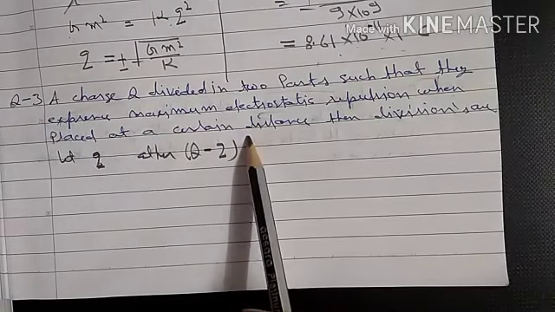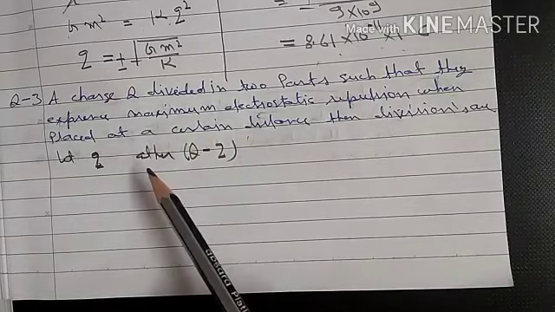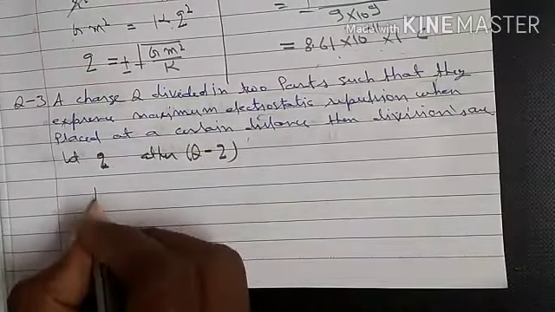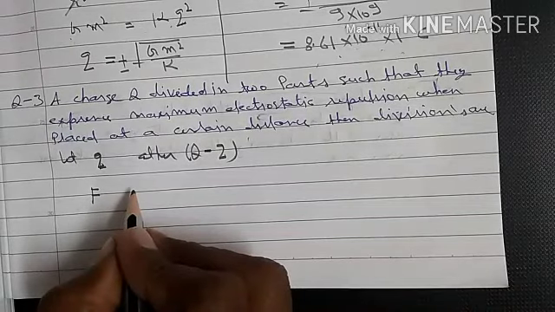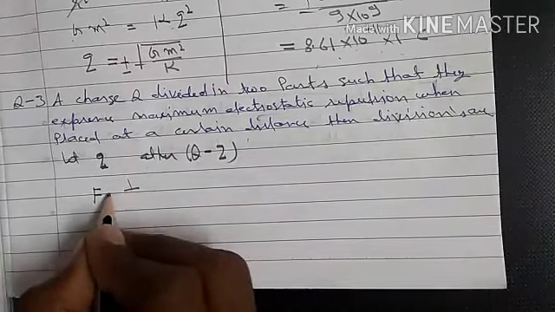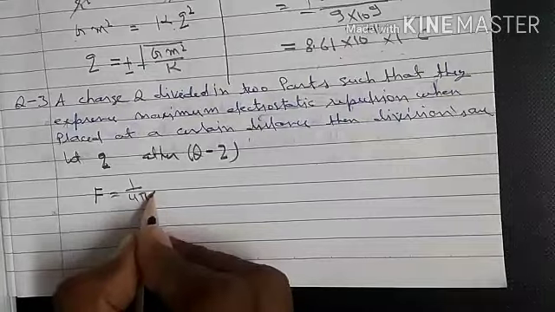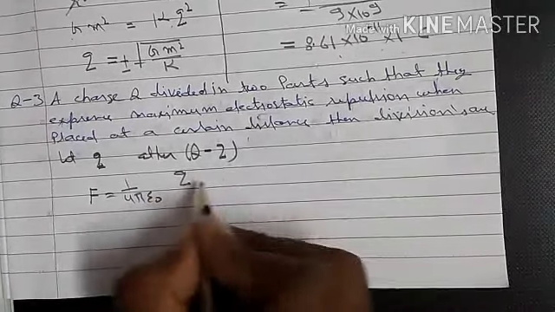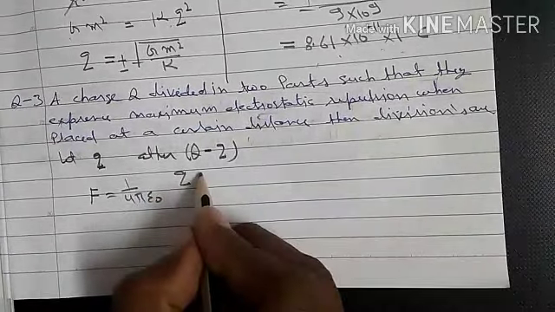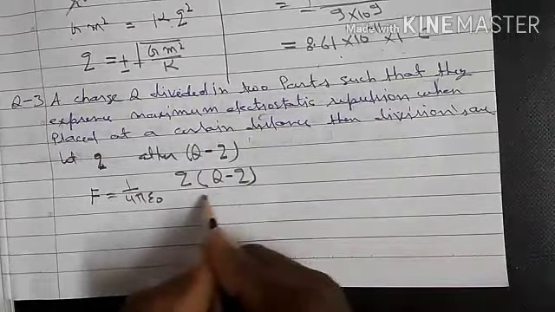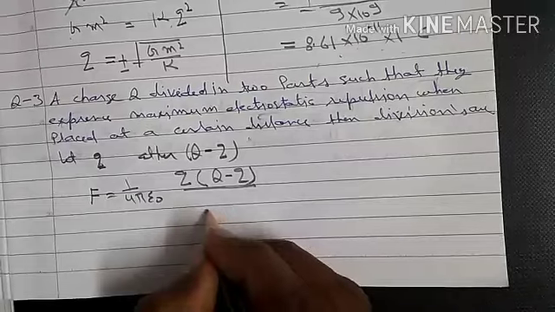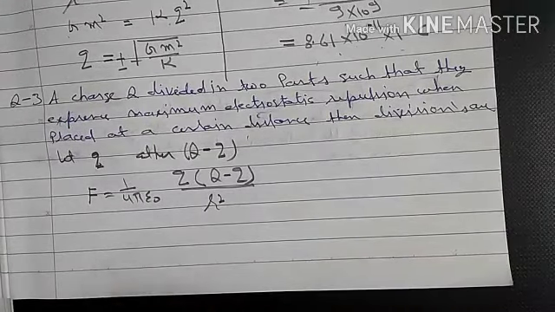If you want to find the force between them, you know that force is 1 upon 4 pi epsilon naught q1 q2. We will write q in place of q1 and Q minus q in place of q2, divided by r square. Suppose r is the distance between them.